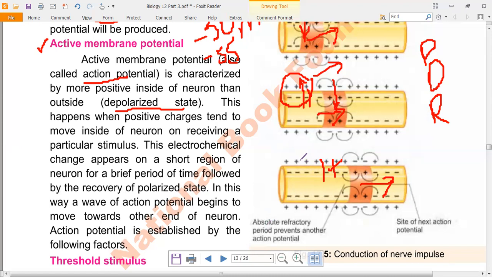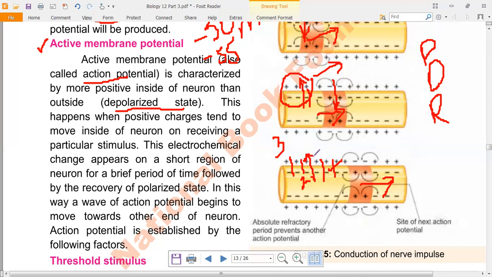As we have just told you, we have here the sodium potassium pump, as well as potassium leak channels, and they are continuously moving 3 sodium outside and 2 potassium inside. And from the potassium leak channels, potassium is continuously moving outward as well.